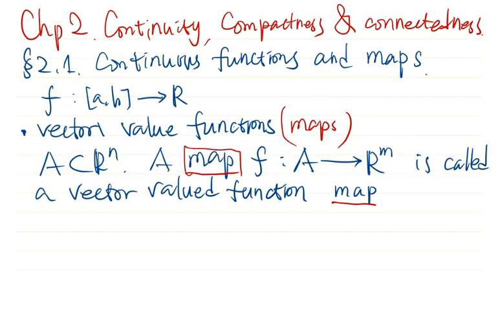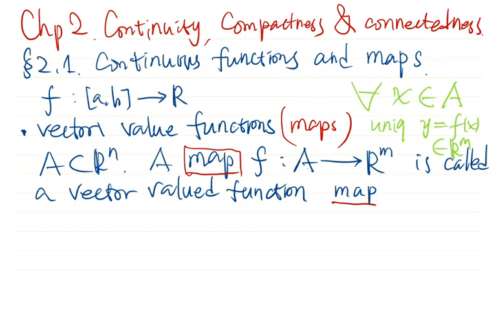This means for any x taken from the set A, we associate a unique y, denoted by f(x), from Rm. So a map is a correspondence, a law to associate every element of A to a unique element of Rm.